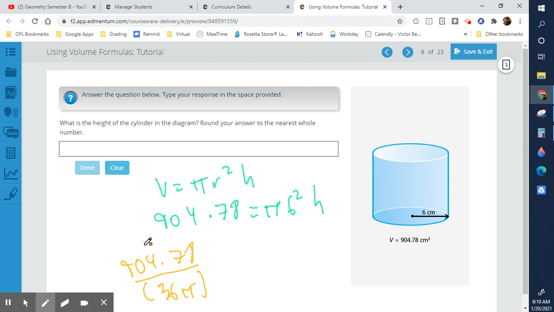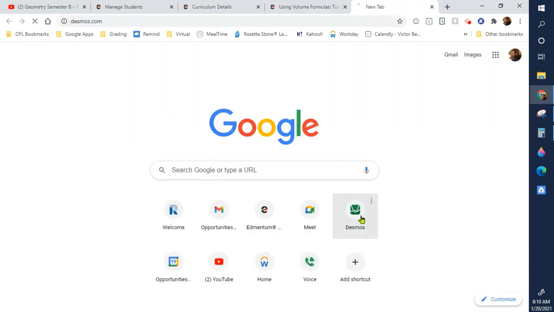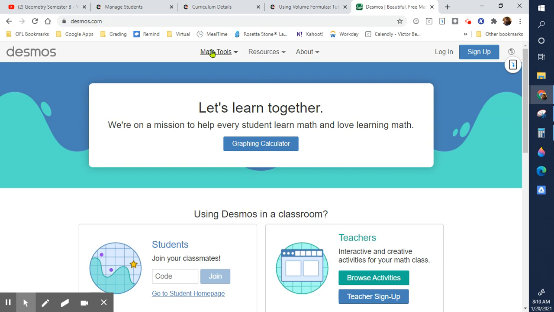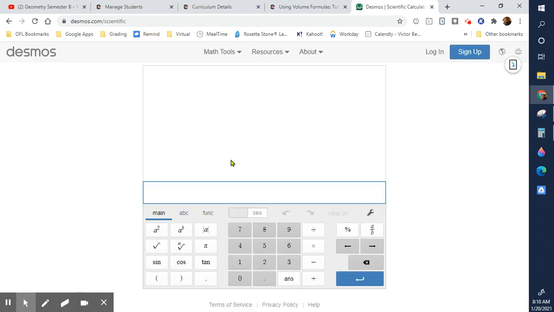Otherwise, it'll divide by the 36 and then multiply by pi, and you'll get a much bigger number. However, I'm going to use Desmos, which shows how it divides it out. But it is important to use those parentheses otherwise.